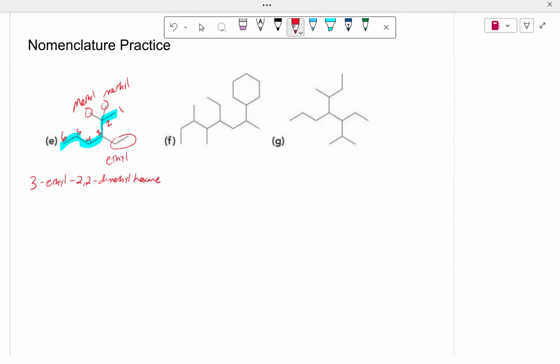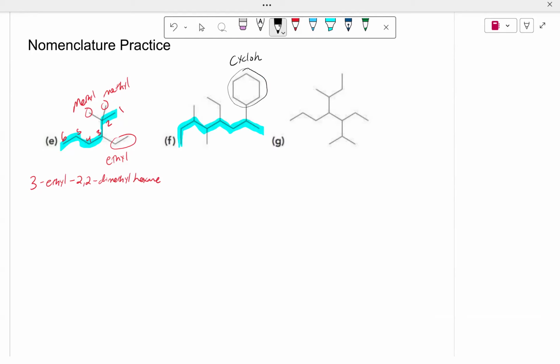All right. Now with letter F, we hit an interesting situation. There's a 6-membered ring here, but there is a much longer alkyl chain. So because of that, I'm going to treat this not as the parent name, but as a substituent.